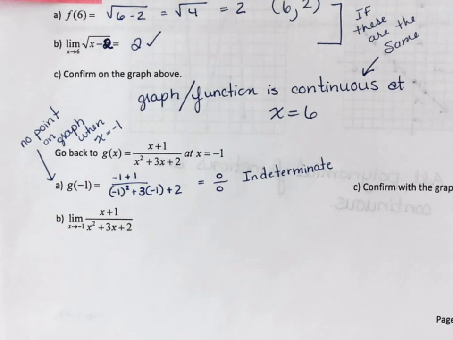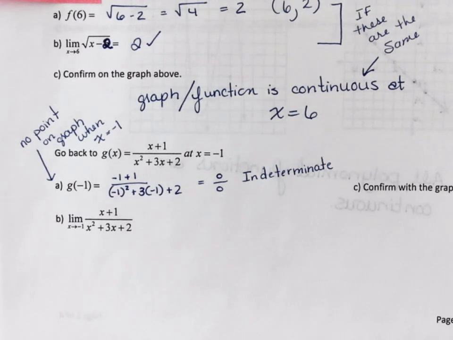So that's what that's telling me. There might be an asymptote, it might be a hole, I don't know because I haven't investigated it, but no point exists at x equals -1. I haven't done enough math to say whether it's an asymptote or whether it's a hole. We have the graph above that tells me that it's a hole, but if we didn't have the graph, I'd need to do more math for that.